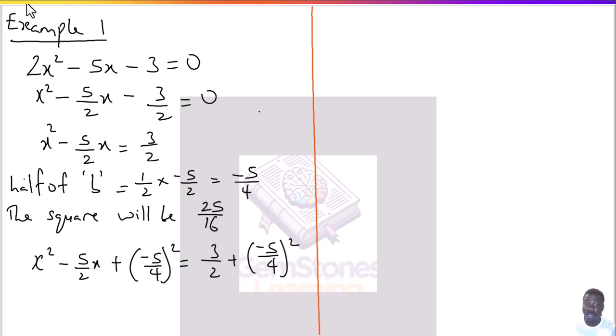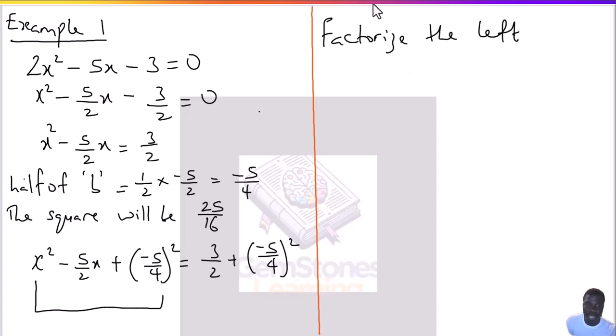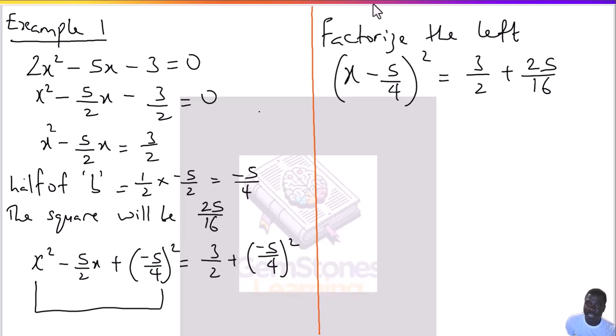Remember, we don't open up the one on the left, so we factorize what we have on the left, picking these two. That will be x minus 5 over 4 in a bracket all squared is equal to 3 over 2. Then open the right hand side, plus 25 over 16.